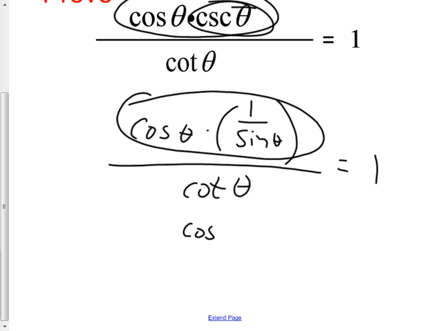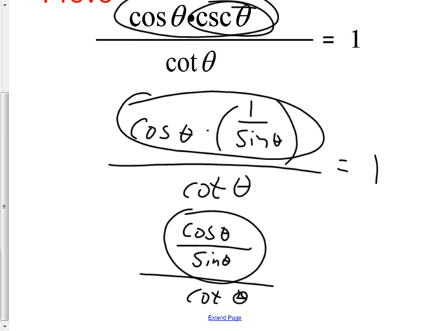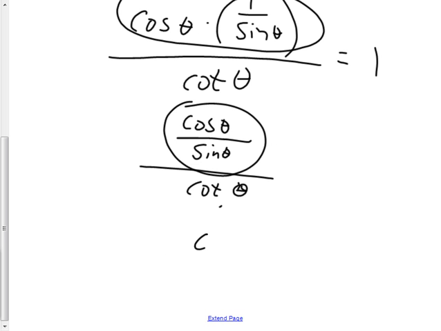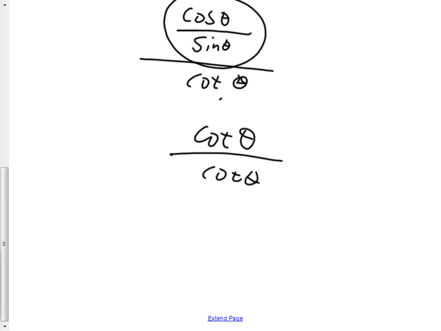And cosine theta over sine theta, all over cotangent theta. And the top is really cotangent. So now it's cotangent over cotangent. And that simplifies further to 1.